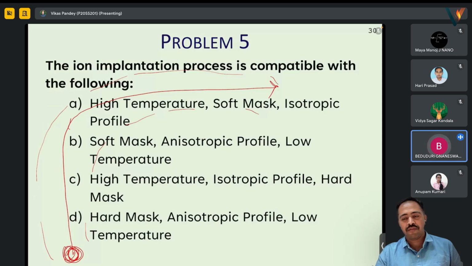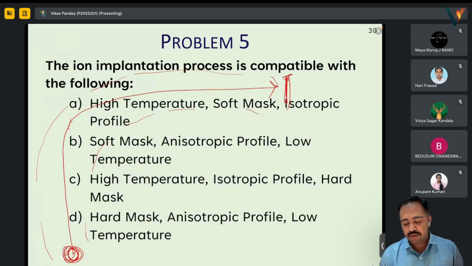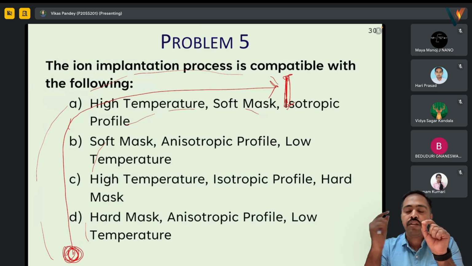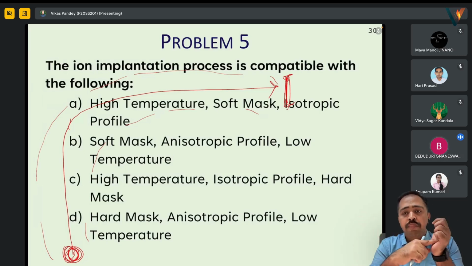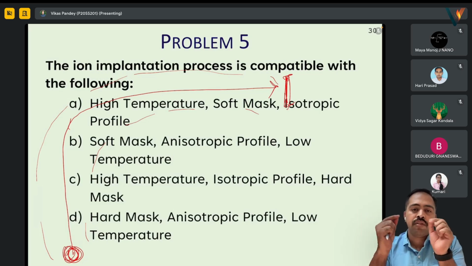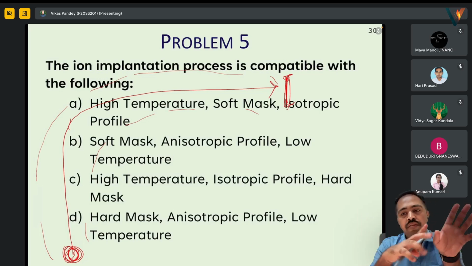Sir, you said that substrate temperature will affect the process in a great manner. Can you explain it in a better way? Like how it will affect? The surface temperature, if it is at a higher temperature, the crystal will like if there is some disorientation due to the ion implantation, that some ion is coming like phosphorus or boron, that will create some disturbance in the crystal.